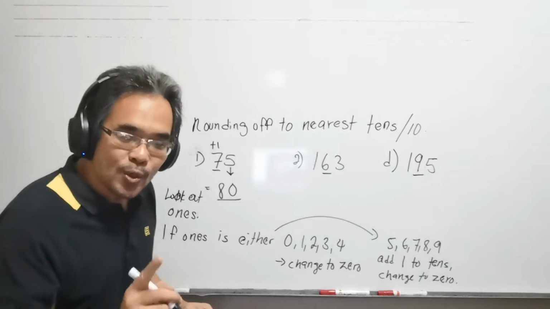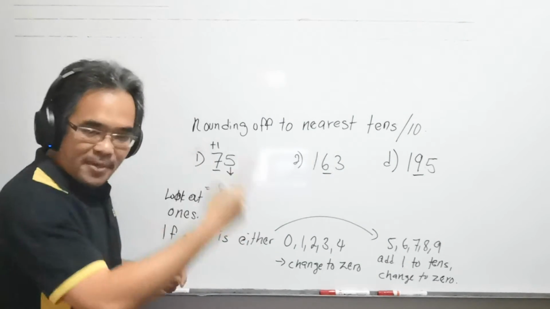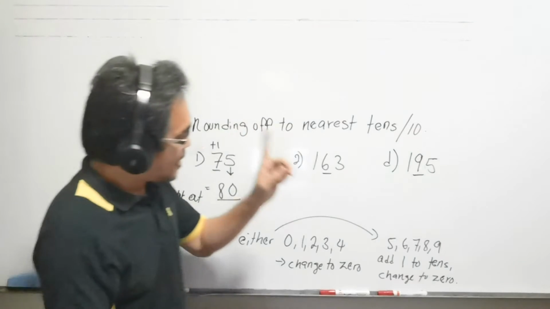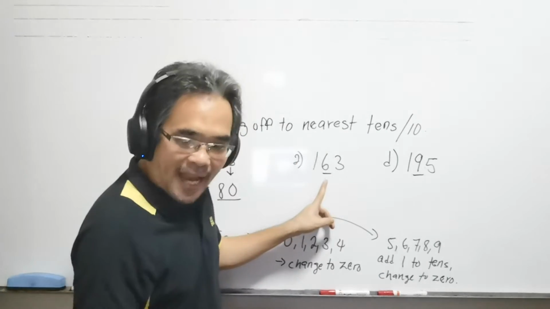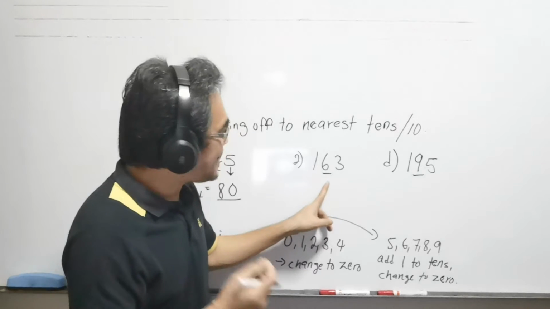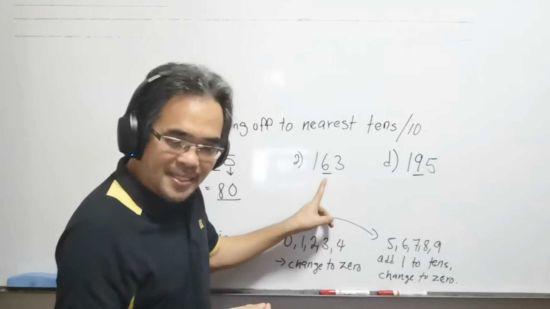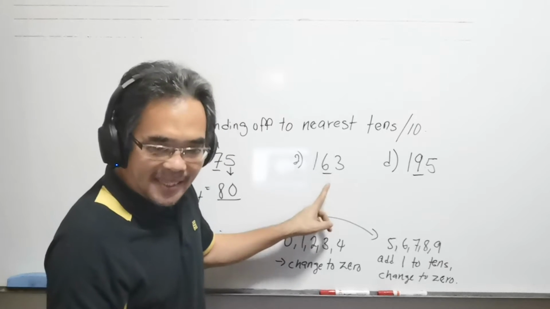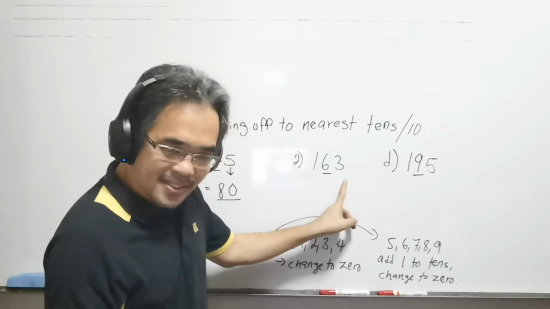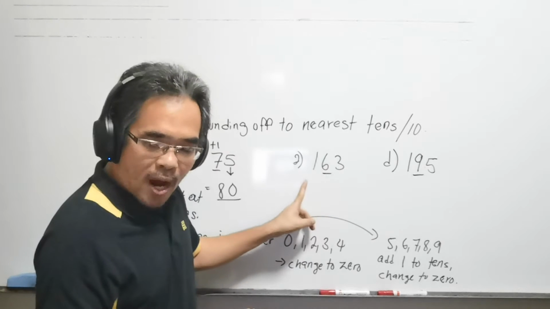Let me show you. Maybe you don't understand this yet, so let me give another example. 163. Have you underlined the number that represents tens? 6 is tens, right?